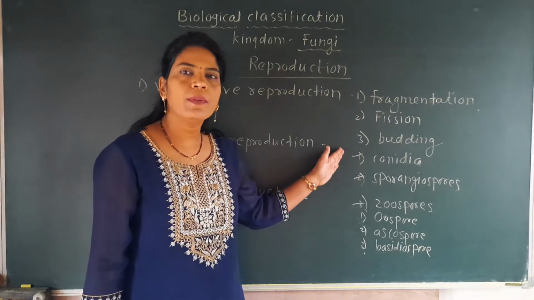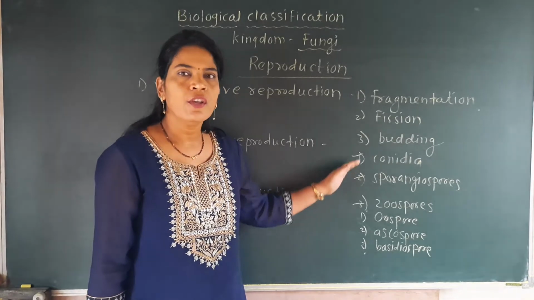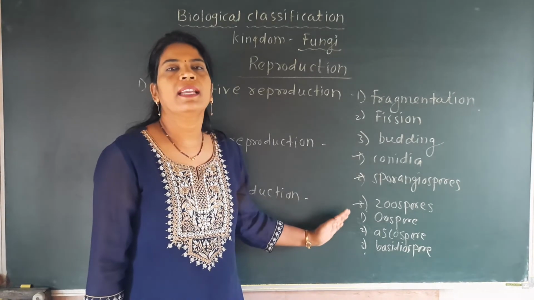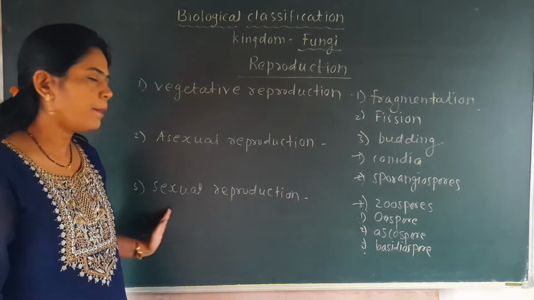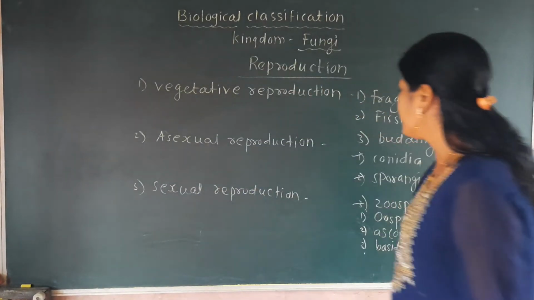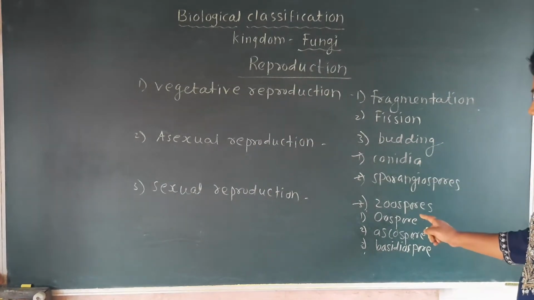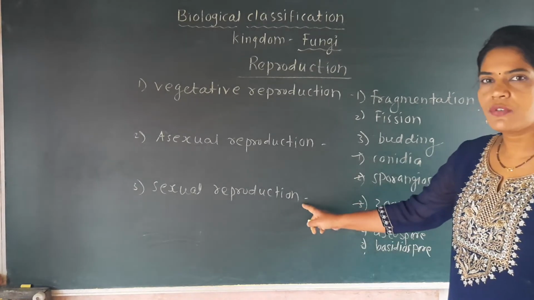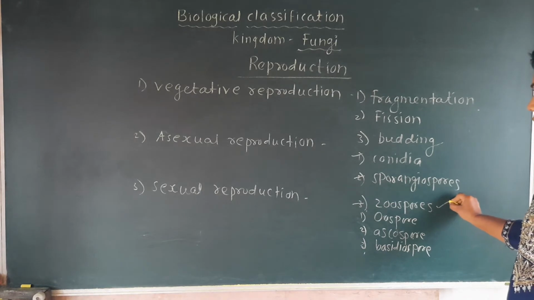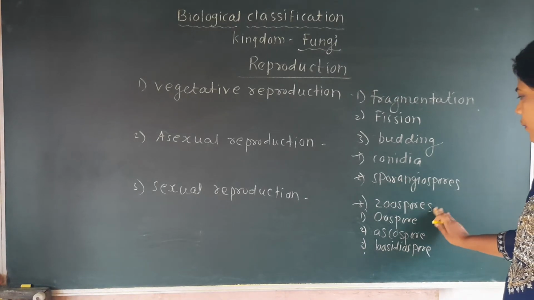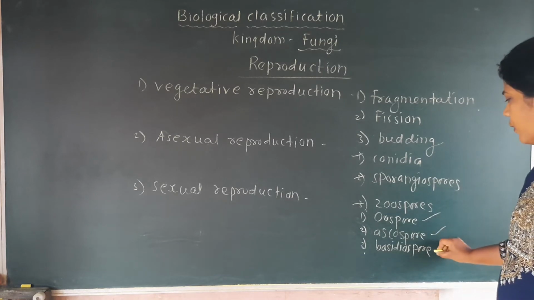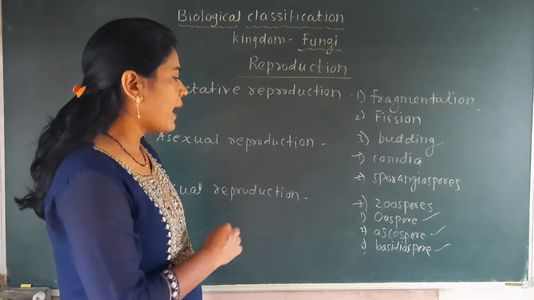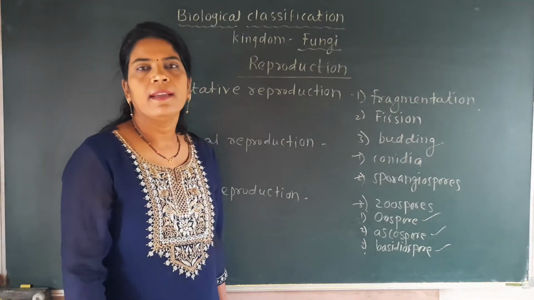In asexual reproduction, there will be spore formation without fusion of male and female gametes. So that is the difference between these two kinds of spores. The spores formed by the fusion of gametes in sexual reproduction are oospores, ascospores and basidiospores.